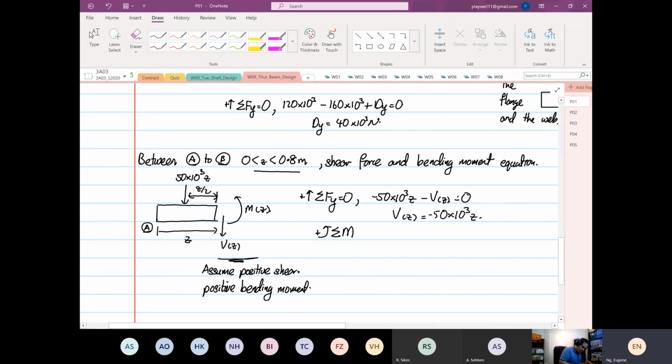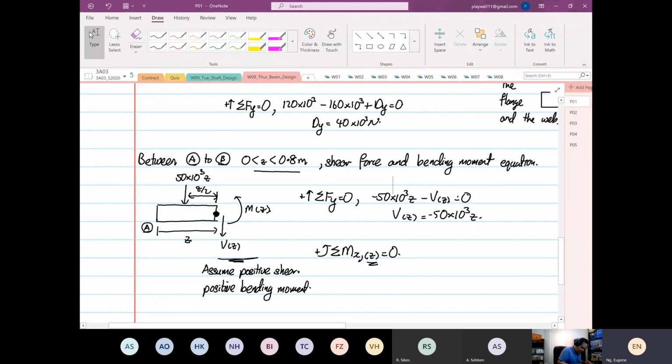Okay, so for the moment, we're going to take moment about the x-axis, at the position z. What this means is we're going to take moment at where I'm drawing my dot now. Probably you guys have seen it in math before.